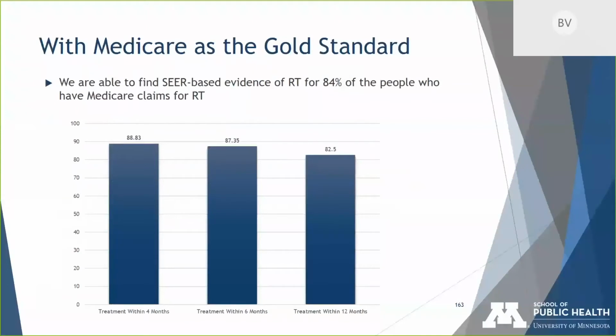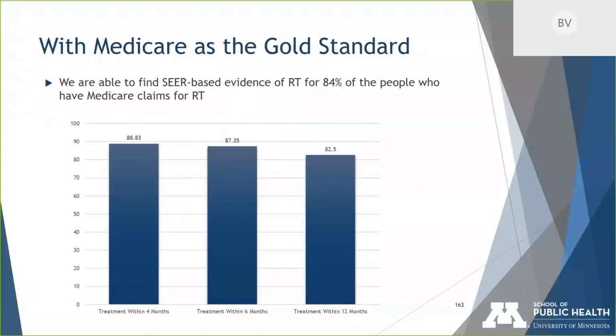So we looked at it in 2 different ways to try and understand the concordance between both data sources. Overall, we've found very high concordance between the 2 sources. If you use Medicare as the gold standard, we'll do this first and then we'll flip it, we are able to find SEER-based evidence of radiation therapy for 84% of the people who have Medicare claims for radiation therapy.